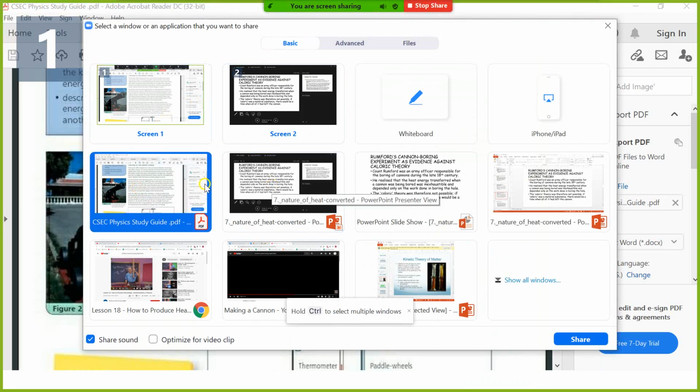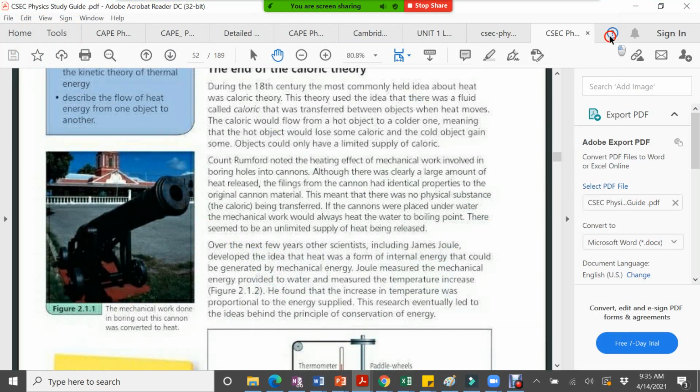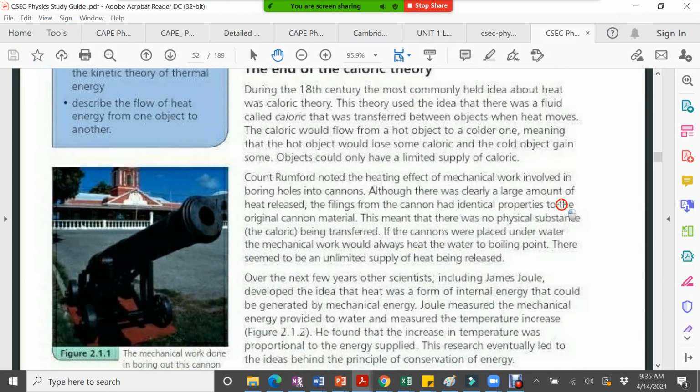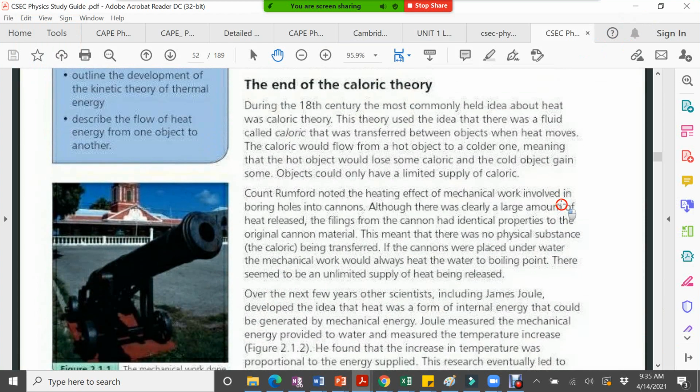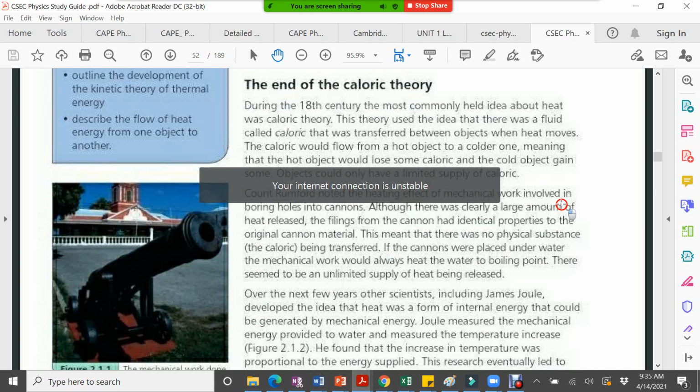It might look a little bit blurry, but let's see. This is talking about the end of the caloric theory. It says during the 18th century, the most commonly held idea about heat was the caloric theory.